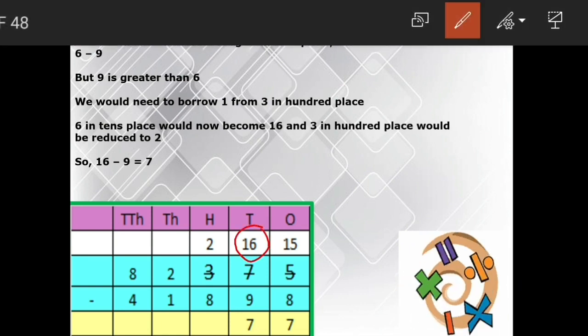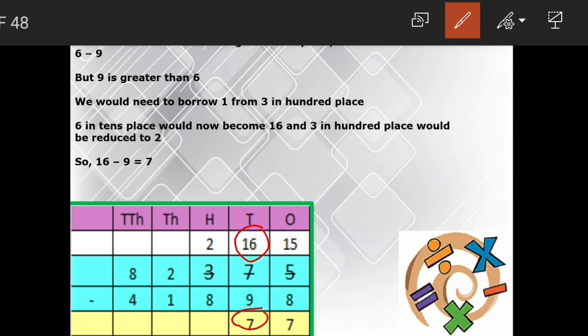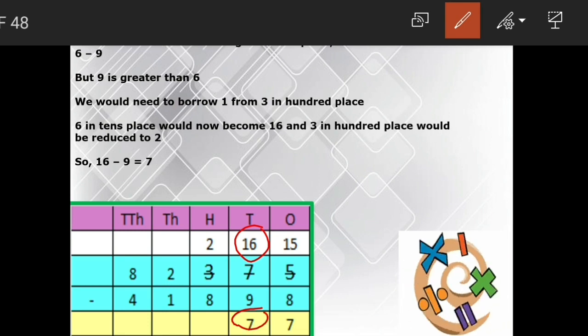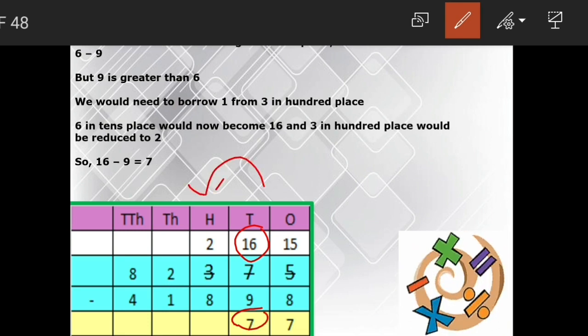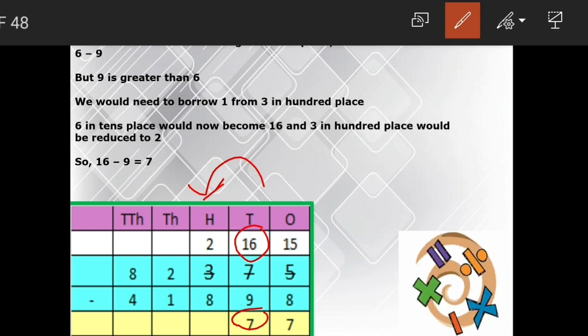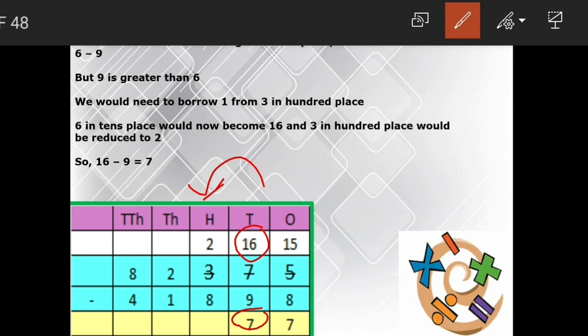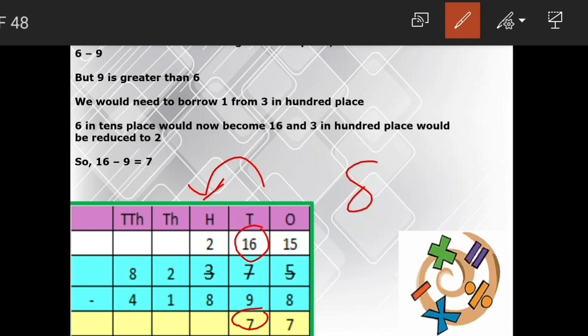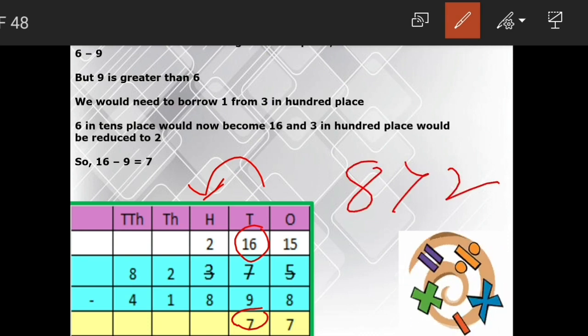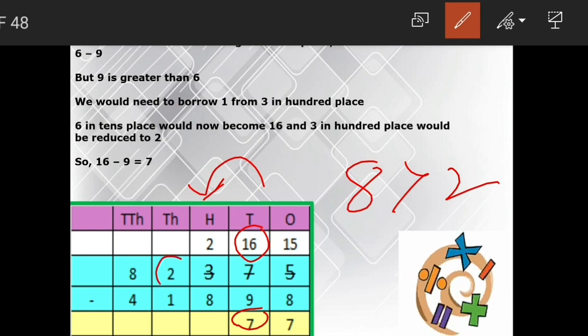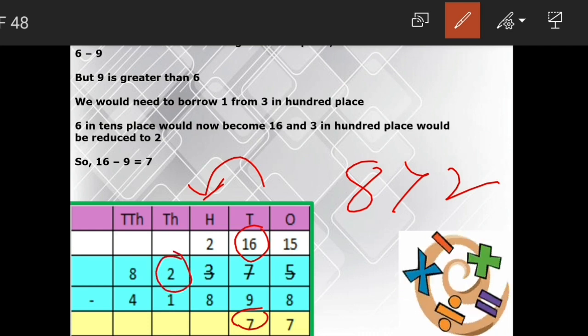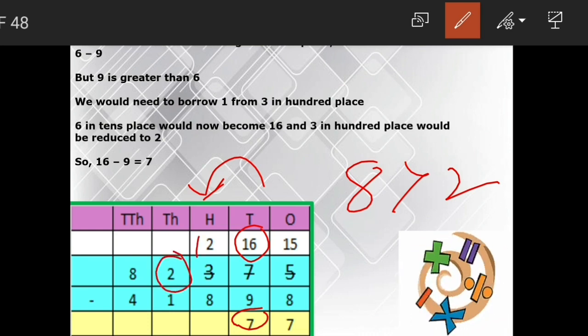Now we can subtract 9 from 16 and the answer that we'll get is 7. We'll move on to 100 now. In hundreds place you can see after deducting 3 we got 2. So 2 minus 8 is also not possible because 8 is greater than 2. So what we'll do? We will borrow 1 from 2 so that this 2 becomes 12.